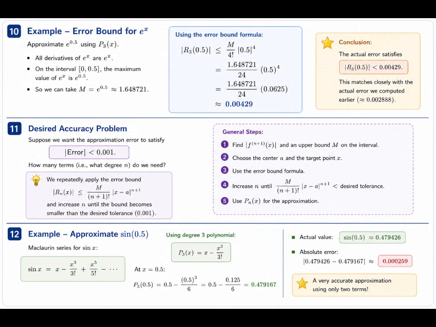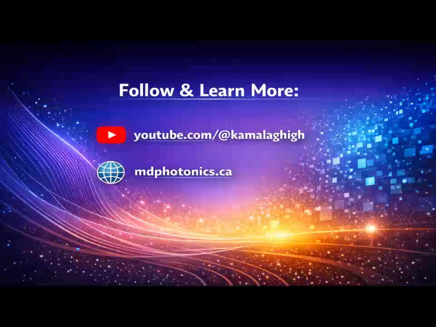Many calculators and computer programs evaluate complicated functions by replacing them with carefully chosen polynomial approximations. Taylor polynomials provide a practical bridge between complicated functions and simple algebraic expressions, allowing us to perform accurate computation while maintaining control over the approximation error.